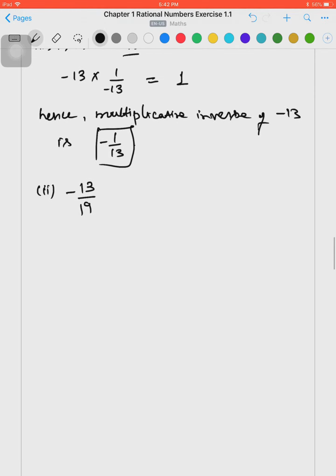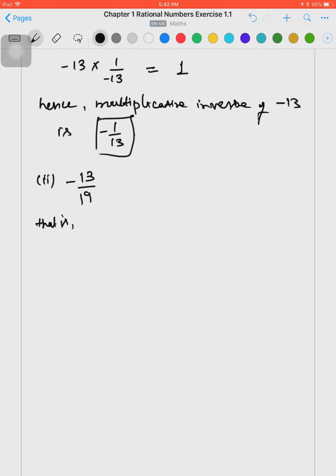That is, if we multiply minus 13 by 19 by its own reciprocal, that is minus 19 by 13, this 13 here will be cancelled out by 13 here, would give 1. Similarly, this 19 divided by 19 will give us 1 here. And minus will become plus, so the result will be equal to 1.